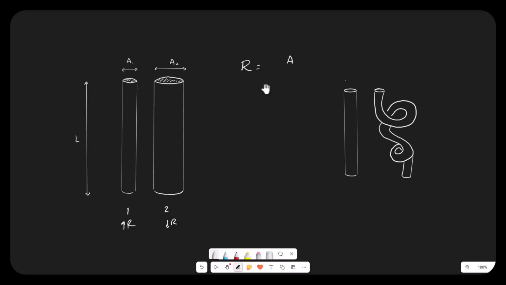So same area, but this one's got a length of L, and this one's got a length of more than L.